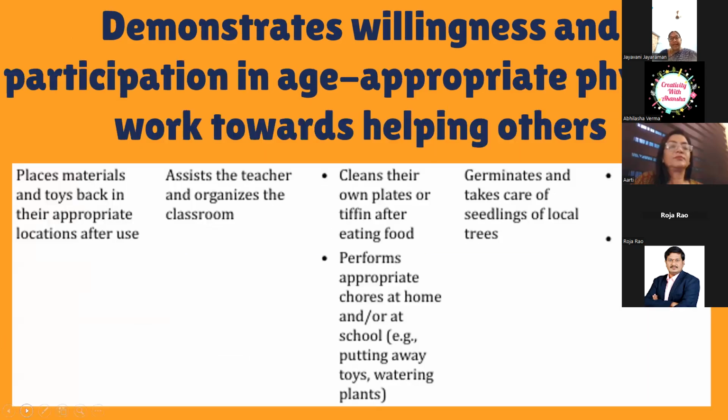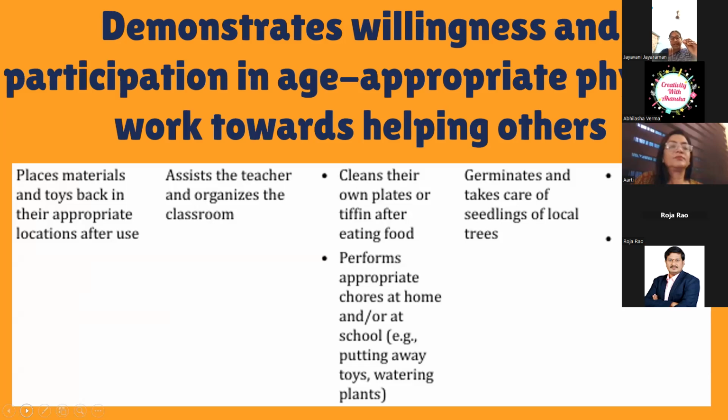So here comes the next domain, which is the social, emotional, and ethical development. The outcome of this domain is that the child develops a positive attitude towards productivity and work. When we talk about this, the children will take some responsibility of their own.